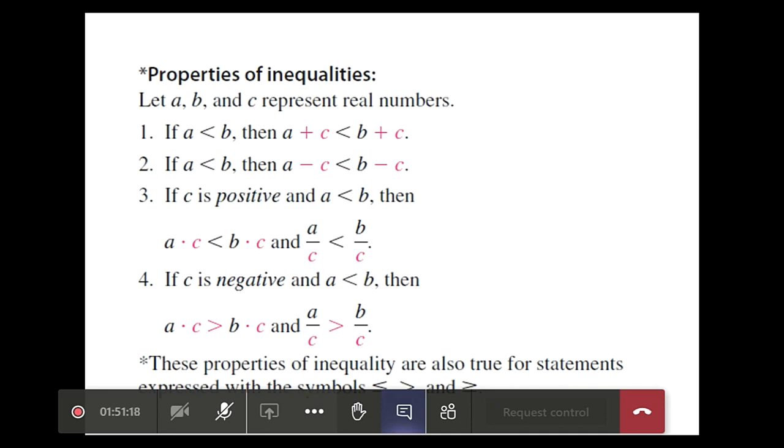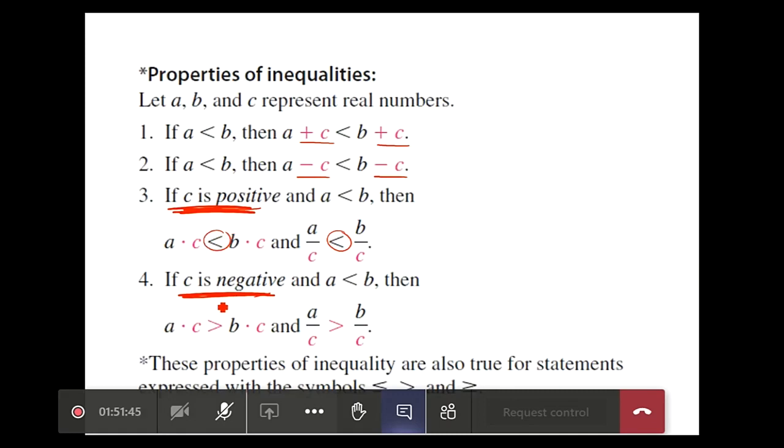Now, we can add a number to both sides or subtract from both sides, no problem. But when we multiply or divide by a number, we must check whether it is positive or negative. If it is positive, keep the sign as it is, less than.